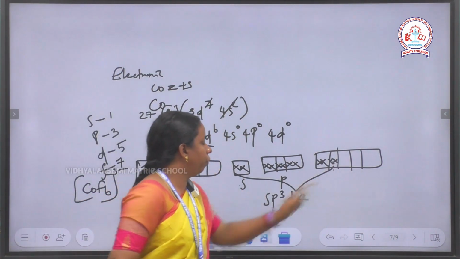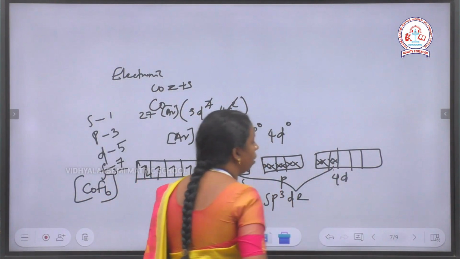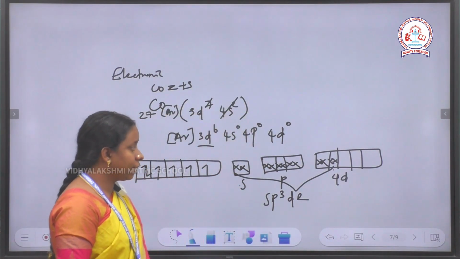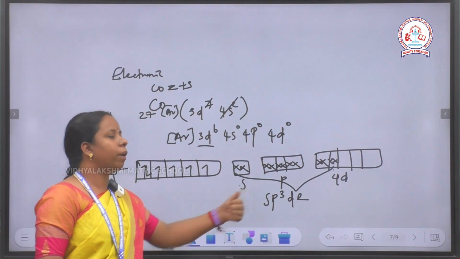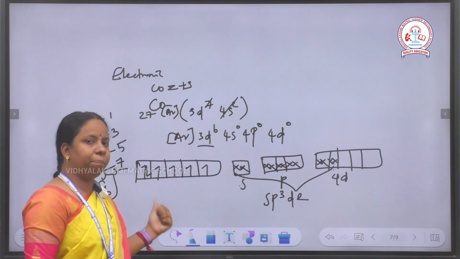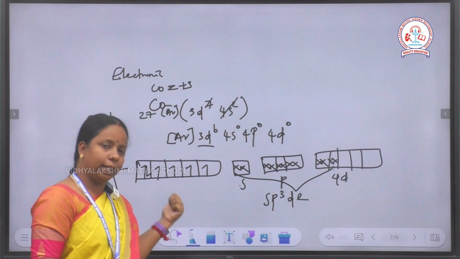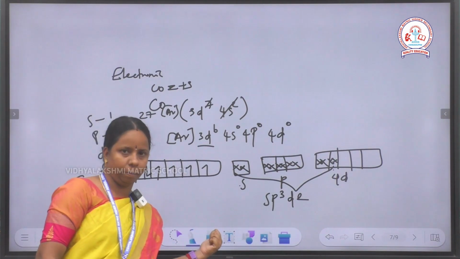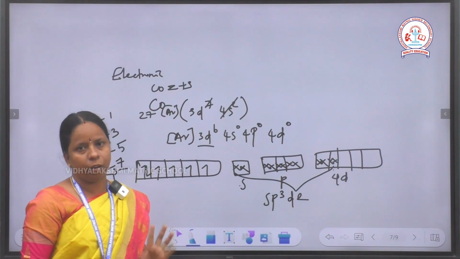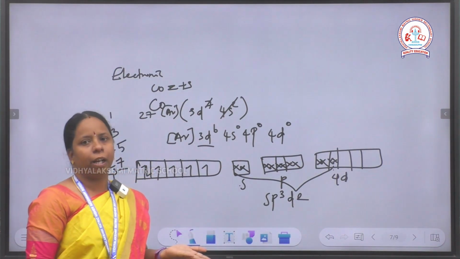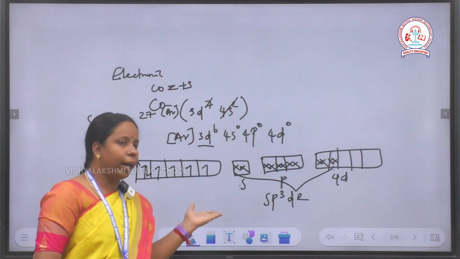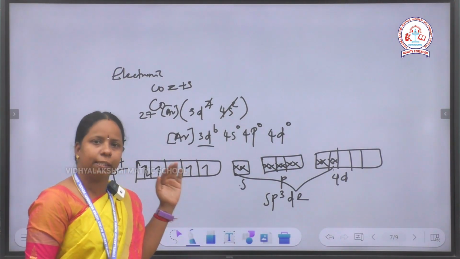So 4d orbitals are involved in the hybridization. That's why this complex is known as outer orbital complex. Then spin value, this is a high spin complex because unpaired electrons are present. Minimum 1 unpaired electron present means its spin value is maximum. Here 4 unpaired electrons are present. It is a high spin molecule.